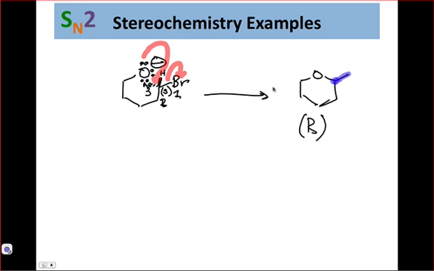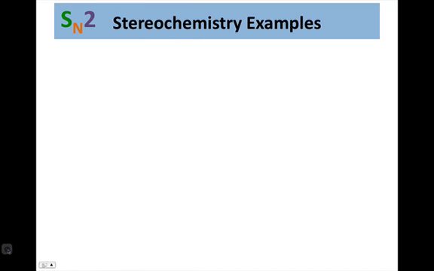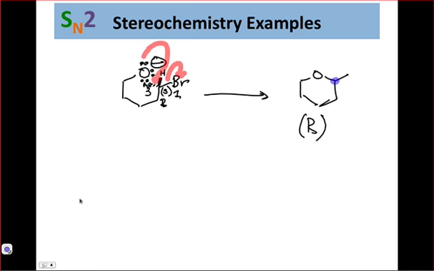Well, noting that we want to get to the R configuration, we could say, well, I'm going to try to put that on a wedge and put the H on a dash and see what configuration I get. So looking at this, the oxygen would be priority number 1, here's priority number 2 and 3. In this case, we're actually still the S configuration, right? It's still counterclockwise to go from highest to lowest priority.